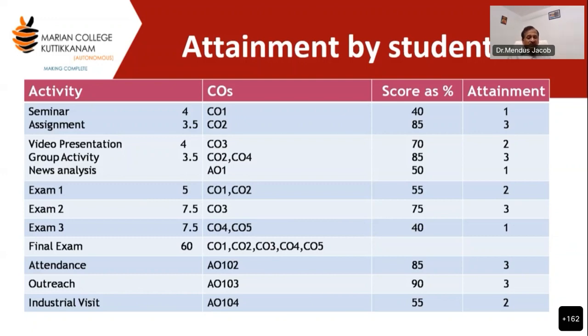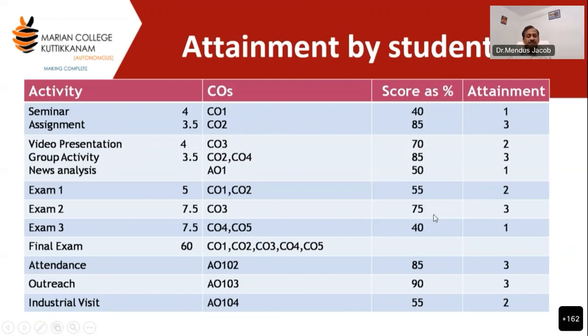Based on the percentage of marks obtained by the student in different activities or assessments, you can get the attainment level, because we have already pre-fixed the mapping strength and all. If you are using a tool, you need to input the marks only. The attainment and everything will be taken care of by the software, because we have already fixed everything. You just input up to the score. The remaining things, the mapping and everything, we have already done.